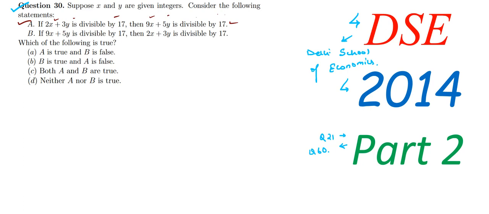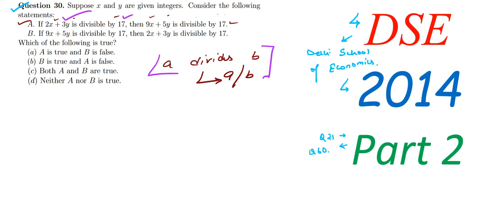So let us denote A divides B as A slash B. Let this be the notation for A divides B, so that we can use this in our further sum to simplify it. As you can see here, it is given that 17 divides 2x plus 3y.